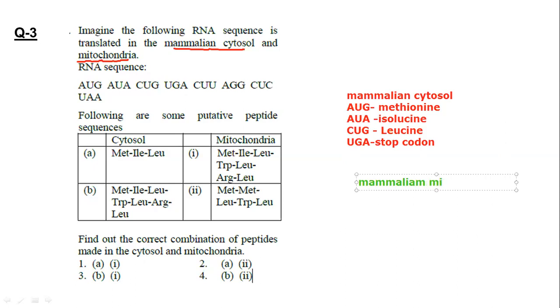But in mammalian mitochondria, AUG codes for methionine, AUA also codes for methionine, and CUG codes for leucine.